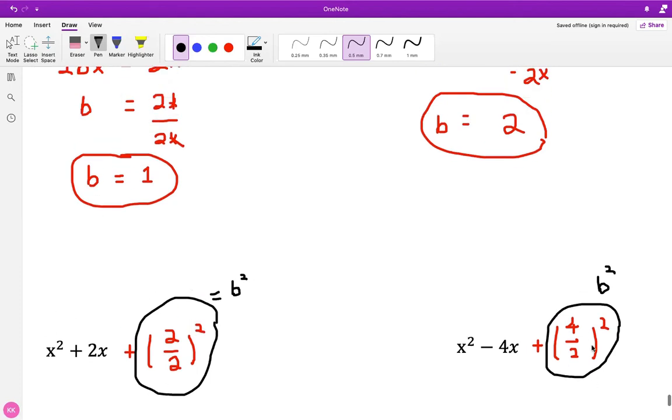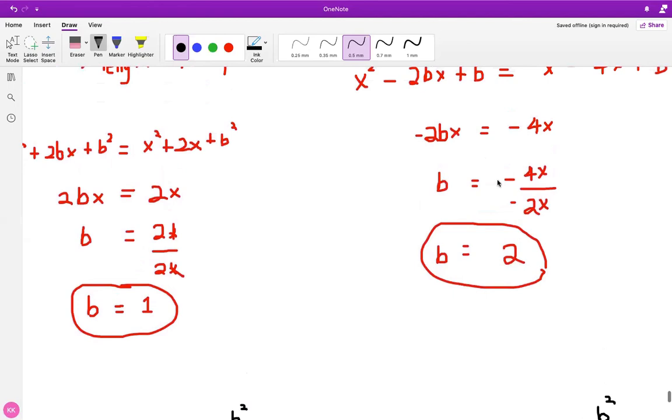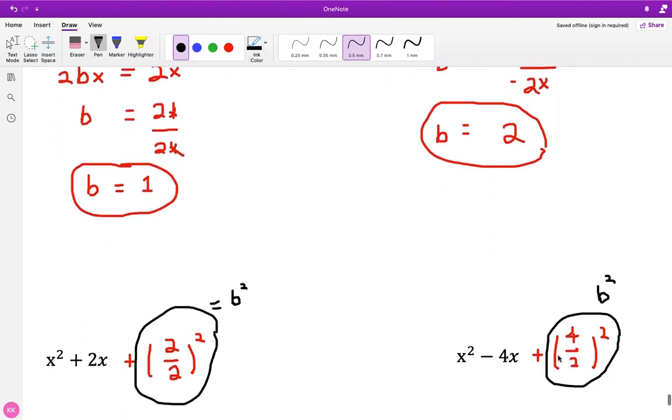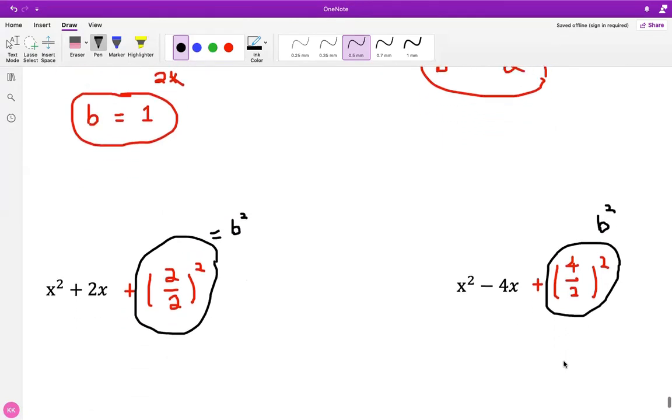Also the same situation, the b value is 4 over 2 in this example, and the b value is equal to negative 4x over negative 2x. So the negative and the x cancel out, and we got 4 over 2. So that's why we got the b value equals 2.